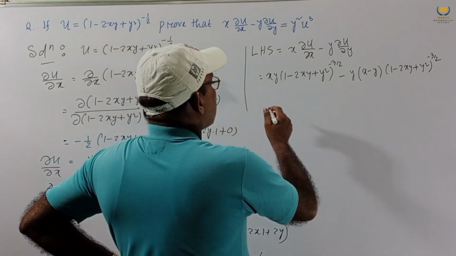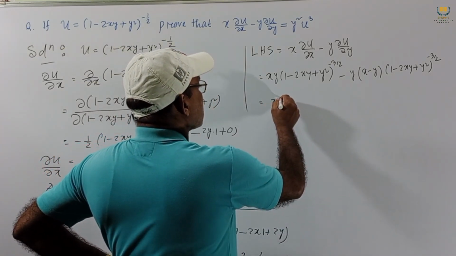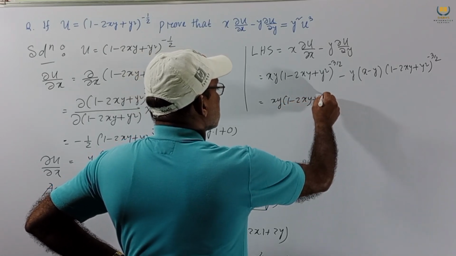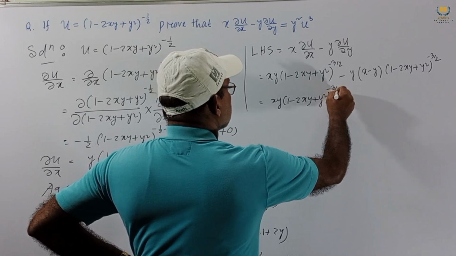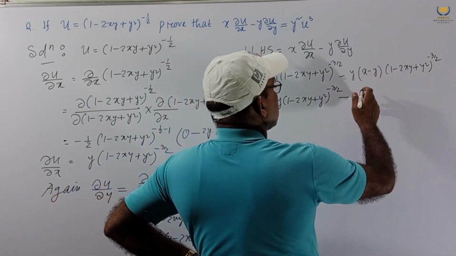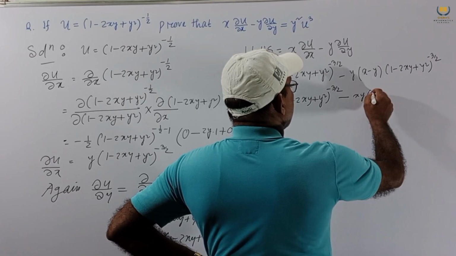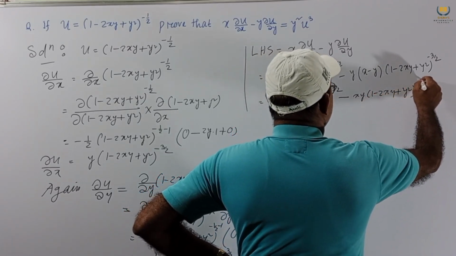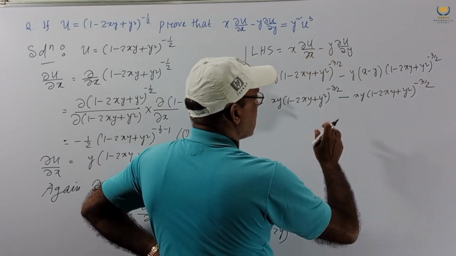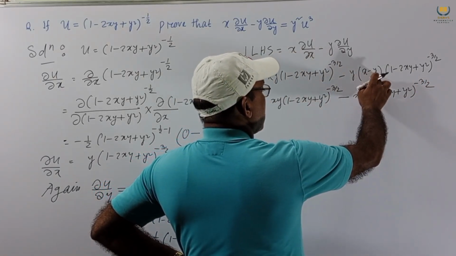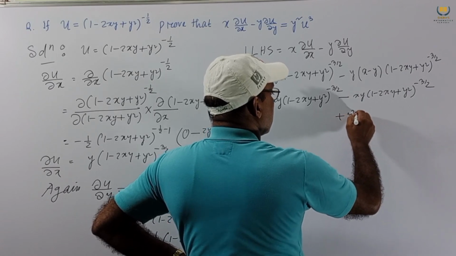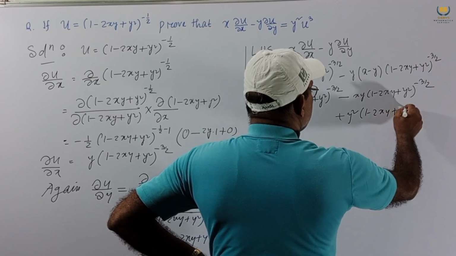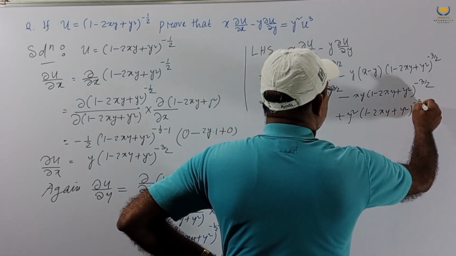Now if we calculate this one, xy times (1 minus 2xy plus y square) whole to the power minus 3 by 2, multiplying this, y and y we get y square, and (1 minus 2xy plus y square) whole to the power minus 3 by 2.